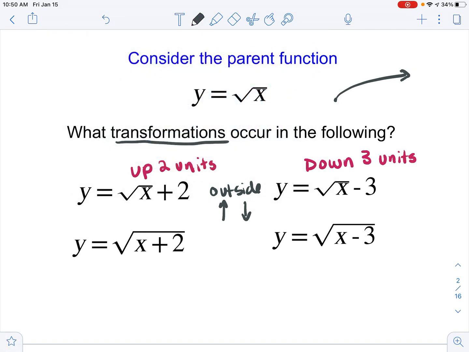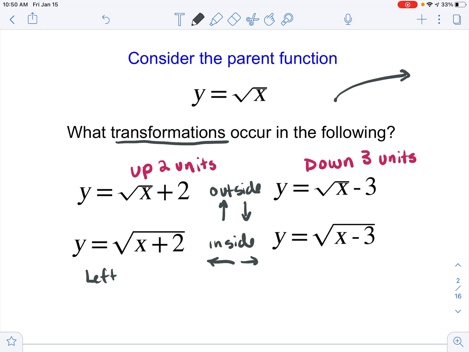Now, anytime we are adding or subtracting inside the radical, under the radical hat, we're talking about left and right. Now, the one thing to remember with left and right is that it's going to appear to go in the opposite direction of what you think. So if I'm adding plus 2 underneath the radical, I'm going to be moving to the left towards my negative numbers.